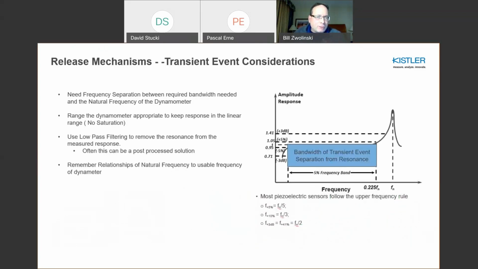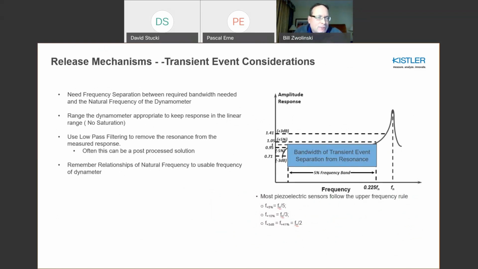What I wanted to point out is that with transient event tests, you need to make sure that your transient event bandwidth is lower than the natural frequency of the dynamometer or fixturing. If it's not, you're going to get a coupling of the actual event that you're trying to measure with the natural frequency of the system, and there'll be really no way to filter that out.